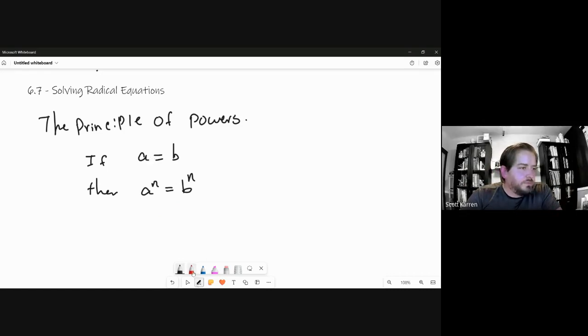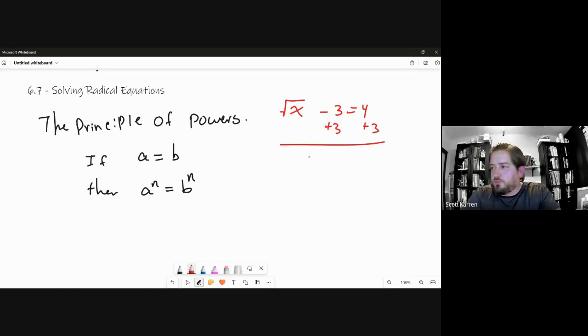So we use that to solve equations that look like this, right? I can isolate the square root of x here by adding 3, using the addition principle. And so I have the square root of x now is equal to 7.